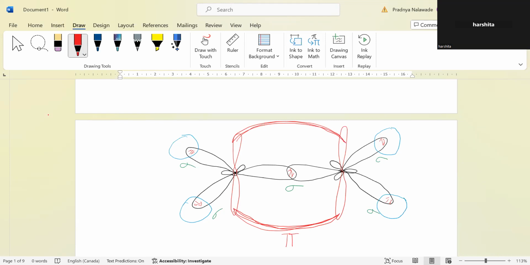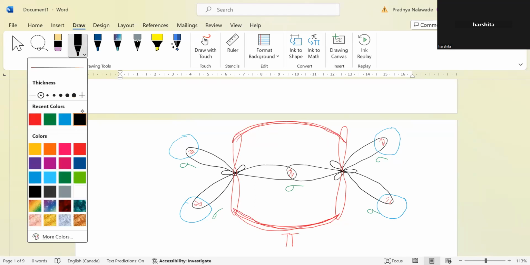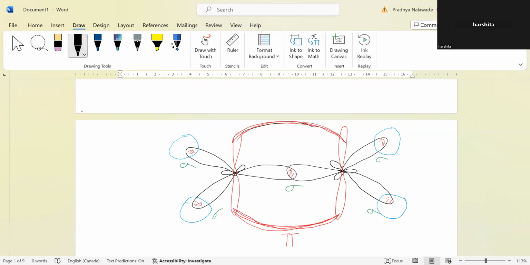Is that clear? This and this together is a pi bond, one pi bond. So some part of it is above the sigma bond and some part of it is below the sigma bond. But together it is one pi bond. Clear? Any doubt?